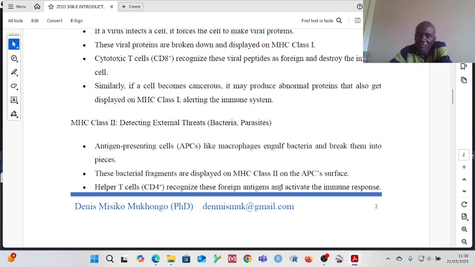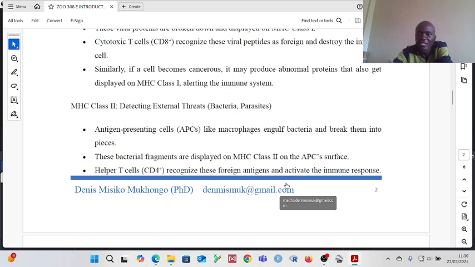Let's see how the MHC class 2 detects external threats, because MHC class 2 deals with extracellular proteins. MHC class 2 works closely with the antigen-presenting cells, things like macrophages and dendritic cells. What the APCs do is engulf a bacteria, and as they engulf it, they break it down into pieces.